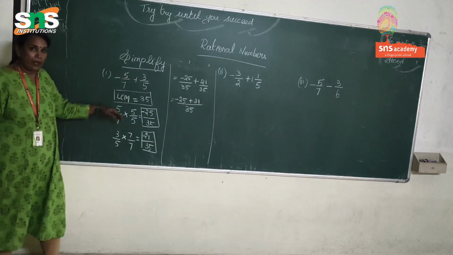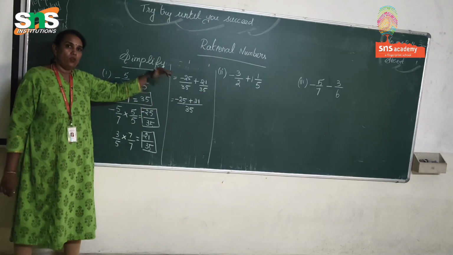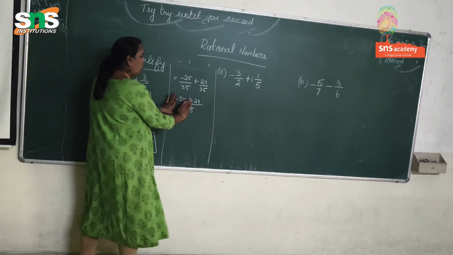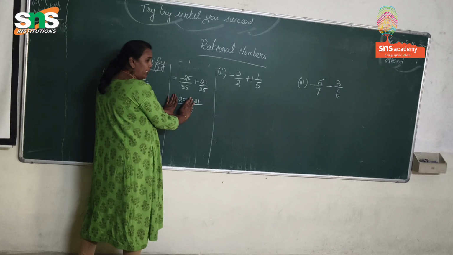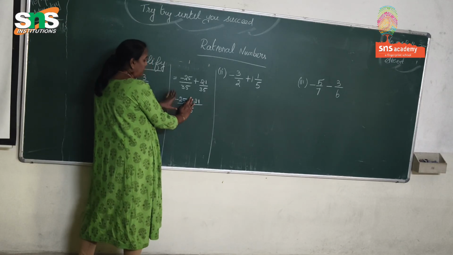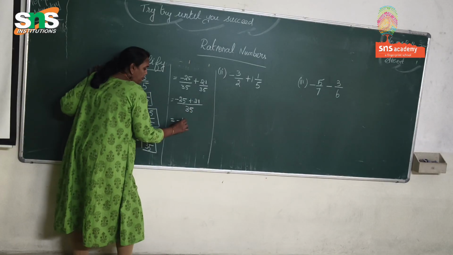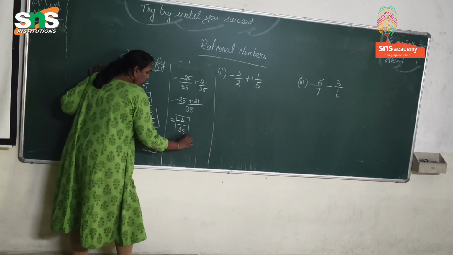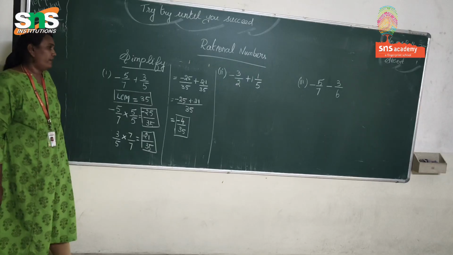When you observe the numerator, the signs are different. When the signs are different, we have to subtract and take the bigger number's sign. So we are subtracting as usual, 25 minus 21, it is 4. Which is the biggest number? 25 is the biggest number. What is the sign of the 25? It's negative. So the answer is minus 4 by 35. So the answer for the first problem is minus 4 by 35.